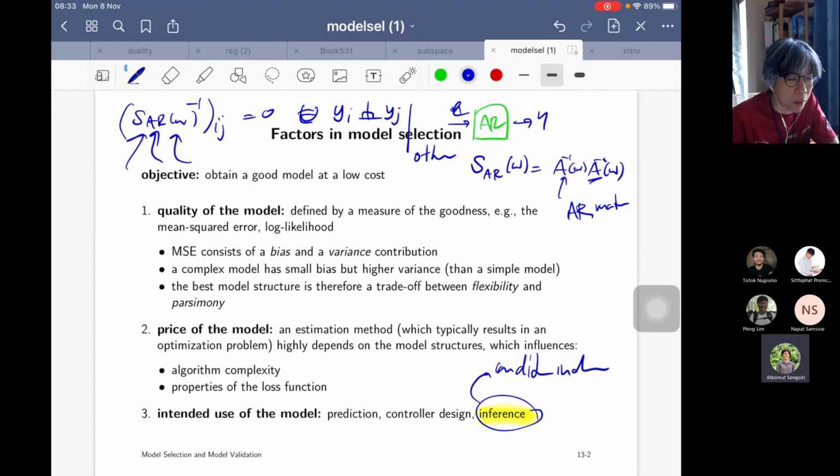And the zero pattern in the inverse spectrum statistically explains conditional independence between a pair of components yi and yj. Yi and yj are components in your yt, a random process that you use an AR model to explain its behavior. So this is an example of model inference.